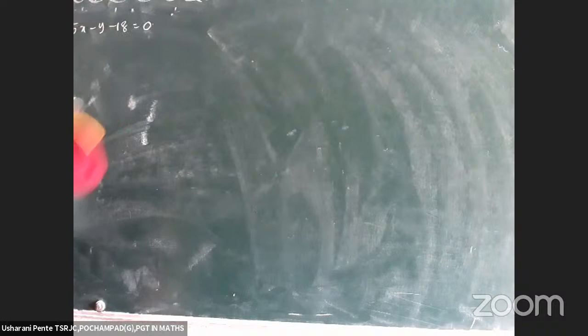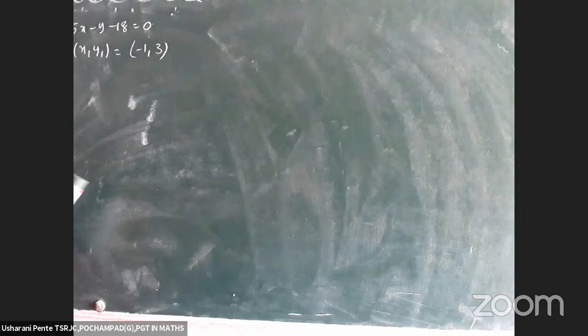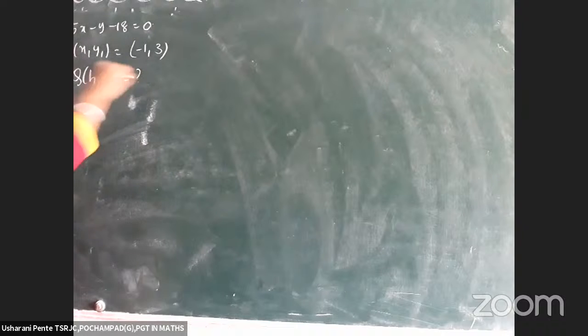The straight line they have given as 5x minus y minus 8 is equal to 0, and the point P (x1, y1) they have given as (minus 1, 3). They have not mentioned Q (h, k), so we need to find h, k.